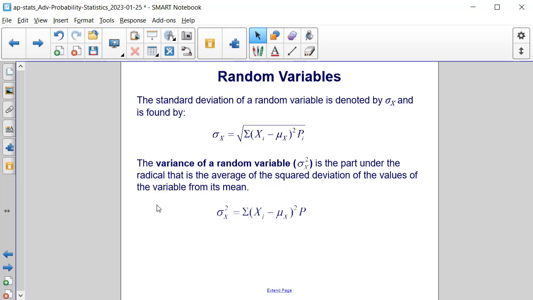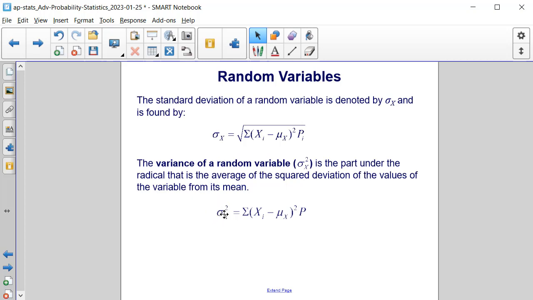The variance of a random variable, or lowercase sigma with subscript X squared, is the part under the radical that is the average of the squared deviation of the values of the variable from its mean.